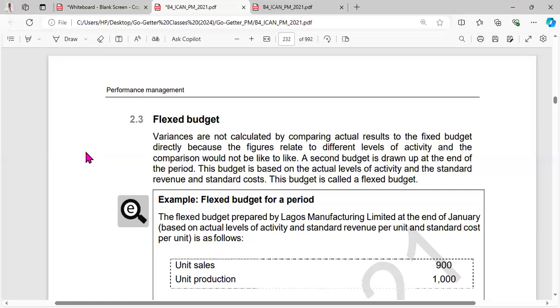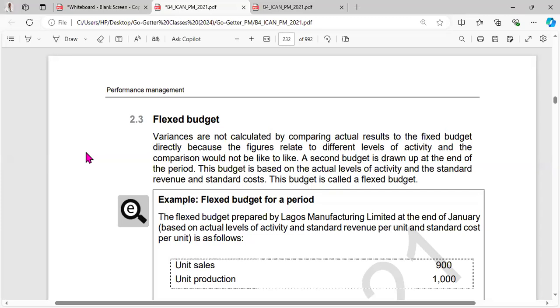Why? Because the figures relate to different levels of activity, and it will not be fair to compare them. You can't be comparing production of 1,200 fixed budget with actual result of 1,000 units. Nor can you compare fixed budget sales of 1,000 units with 900 actual.